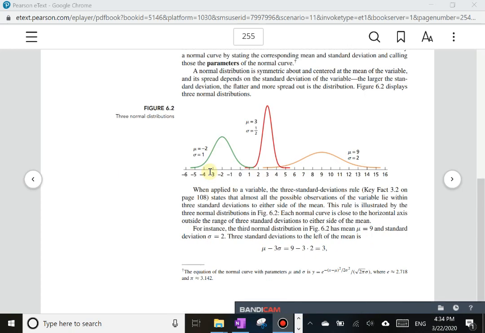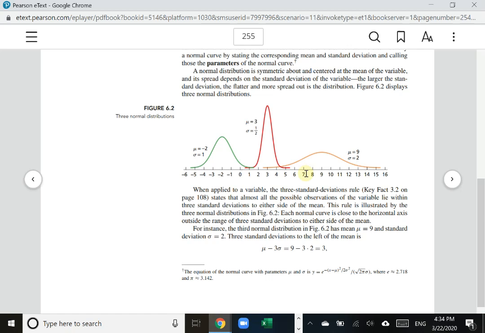Okay, so anyhow, you're looking at 3 different normal distributions here. This one in the middle has a center at 3, deviation half. This one has a different center and location, 9, and deviation is 2.